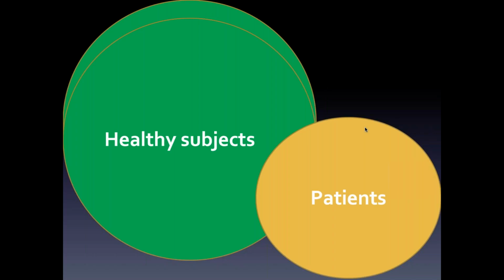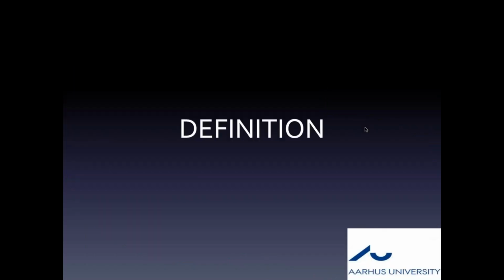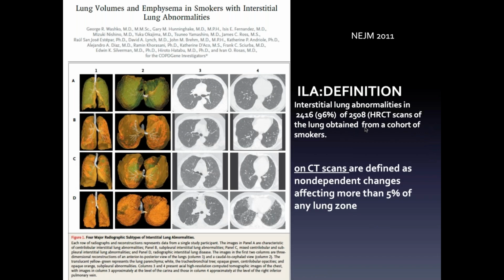So the problem is the distinction between a patient and a healthy subject, or when some changes in the lung can become a disease. The definition of ILA was clarified in this paper in the New England Journal of Medicine in 2011.